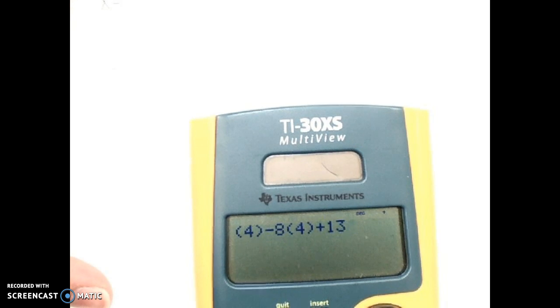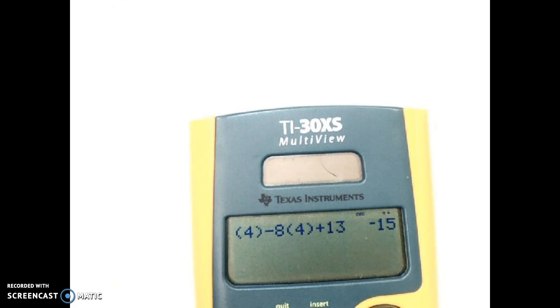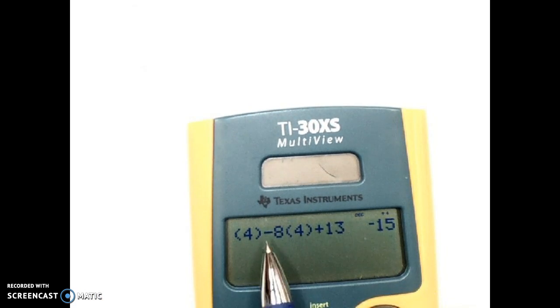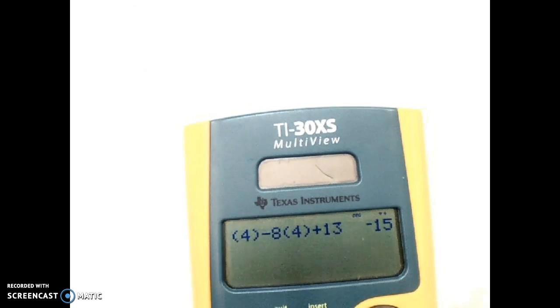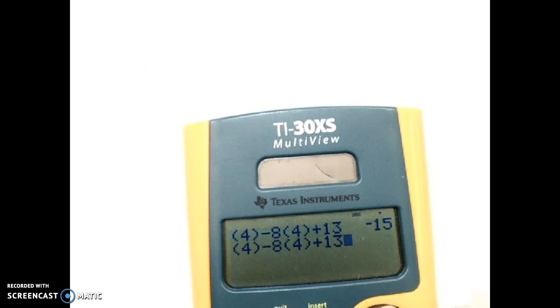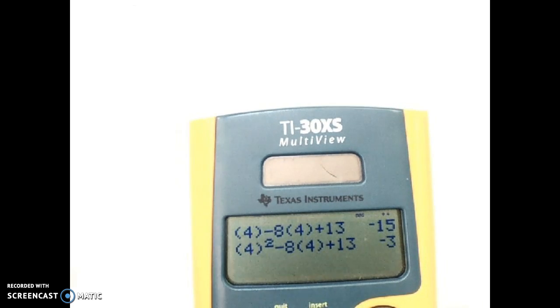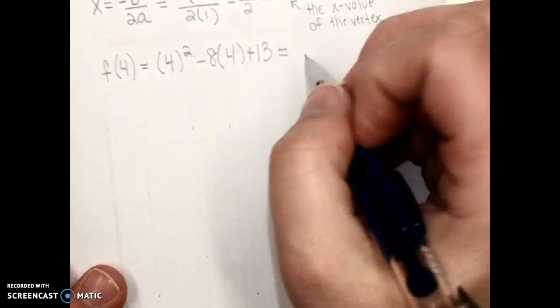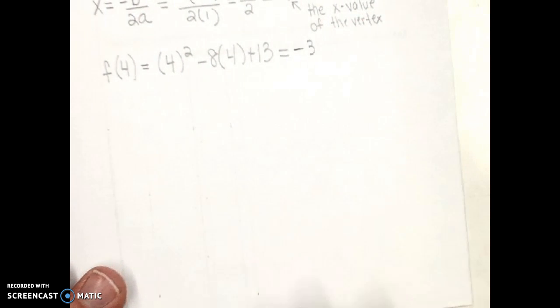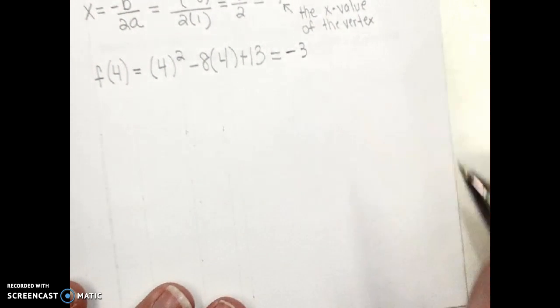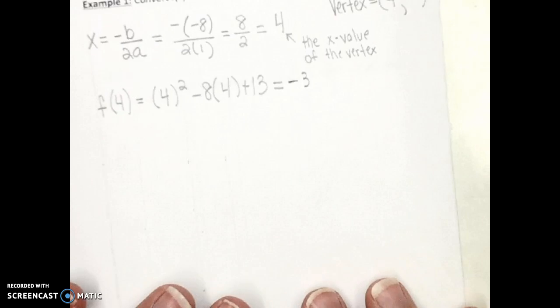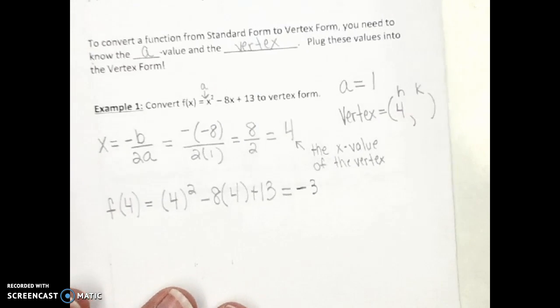Hit enter. Oh no, I noticed I did something wrong. What did I do wrong? I forgot to put my square. So I can go back in here. I'm going to do second insert. I'm going to square. That looks like my equation. Hit enter. Negative 3 is what I should have for my answer. Sorry about that. So then what is negative 3? Negative 3 is the y value of my vertex.